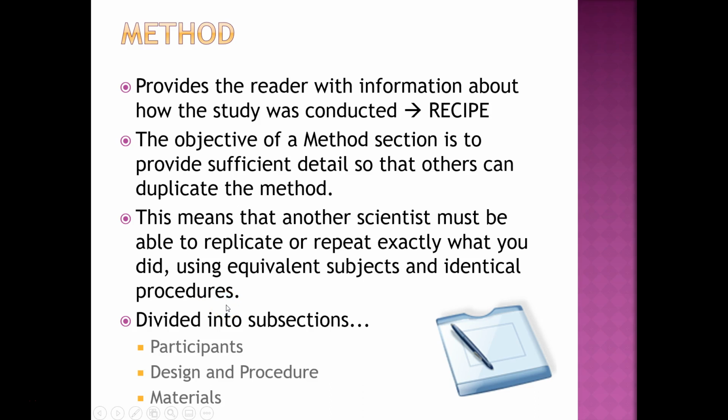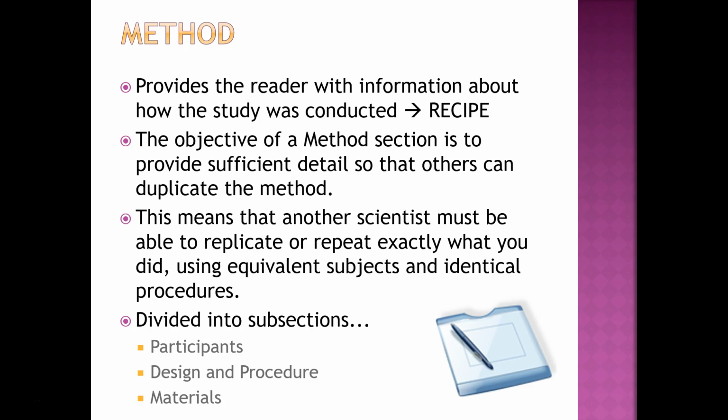And that's important. So when we talk about equivalent subjects or equivalent participants, what we mean is people who are similar to the people who were in your particular study. So in your method section, you wouldn't provide their names and addresses and social security numbers and emails of people who were in your study so that other researchers would go find those exact same people.